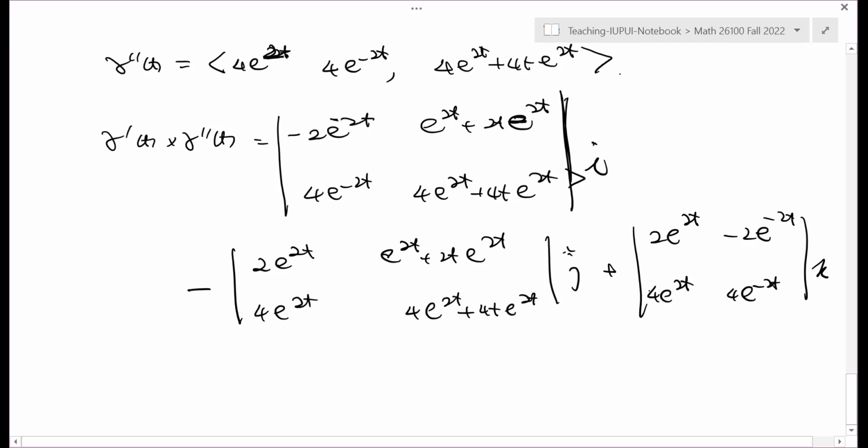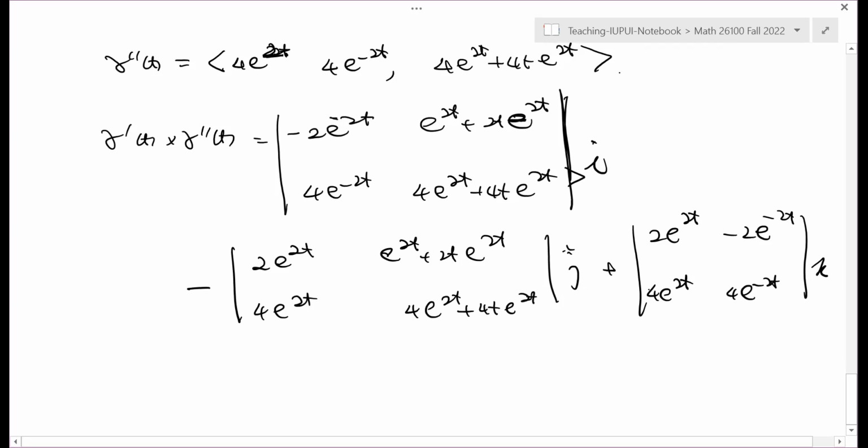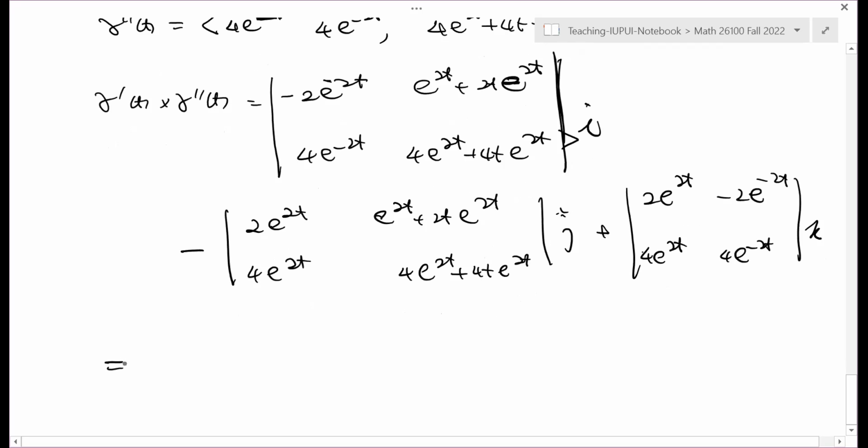Okay. I think the first term is not too bad. If you do the calculation, 2t times e to the negative 2t is going to be, yeah, let's do some scratch. 4 plus 4t. And then I have to minus 1 plus 2t. Okay.